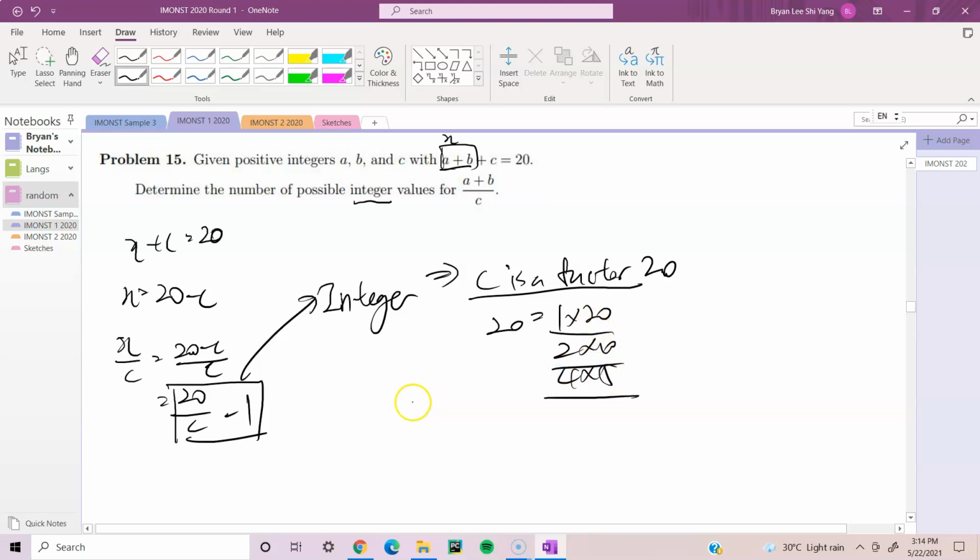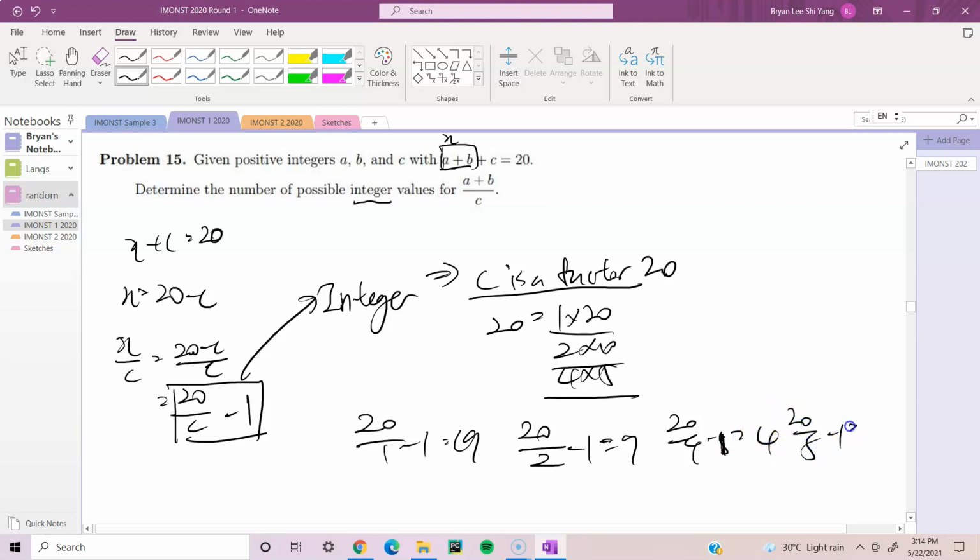So we would have 20 over 1 minus 1 is 19, correct? And then 20 over 2 minus 1 is 9, also correct? 20 over 4 minus 1 is 4. 20 over 5 minus 1 is 3. 20 over 10 minus 1 is 1. And then 20 over 20 minus 1 is 0.